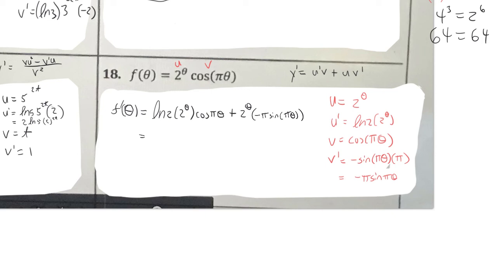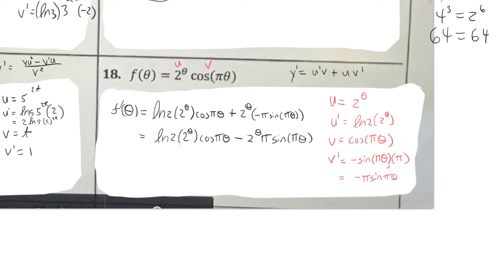So at this point, I'll simplify a little bit further. We have ln of 2 times 2 raised to the theta times cosine of pi theta, and I'm going to say minus 2 raised to the theta pi sine of pi theta.